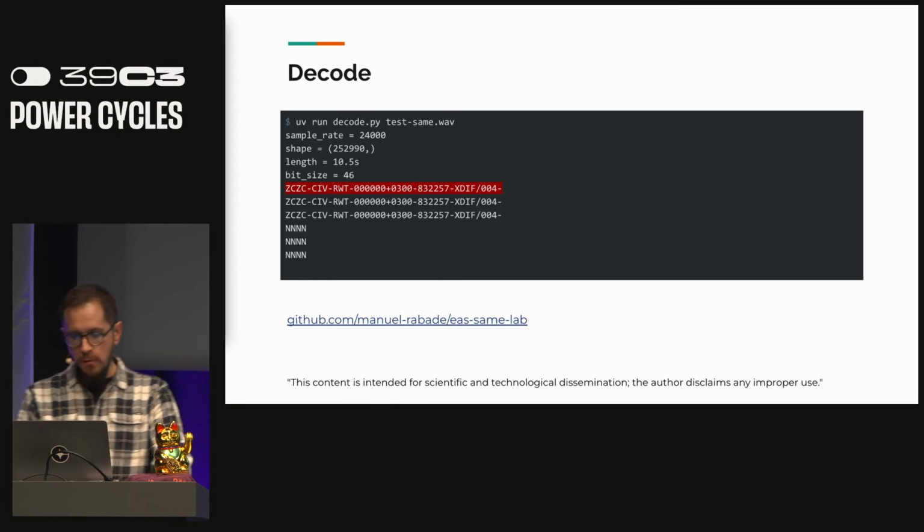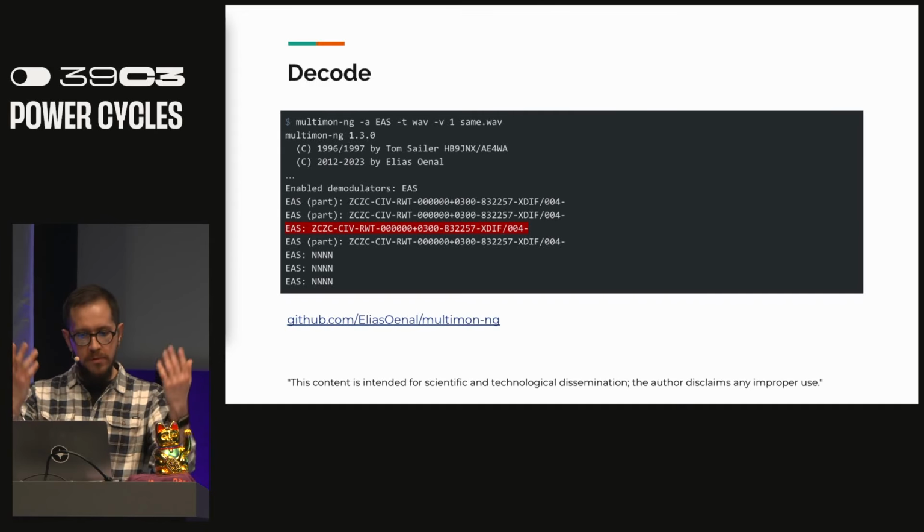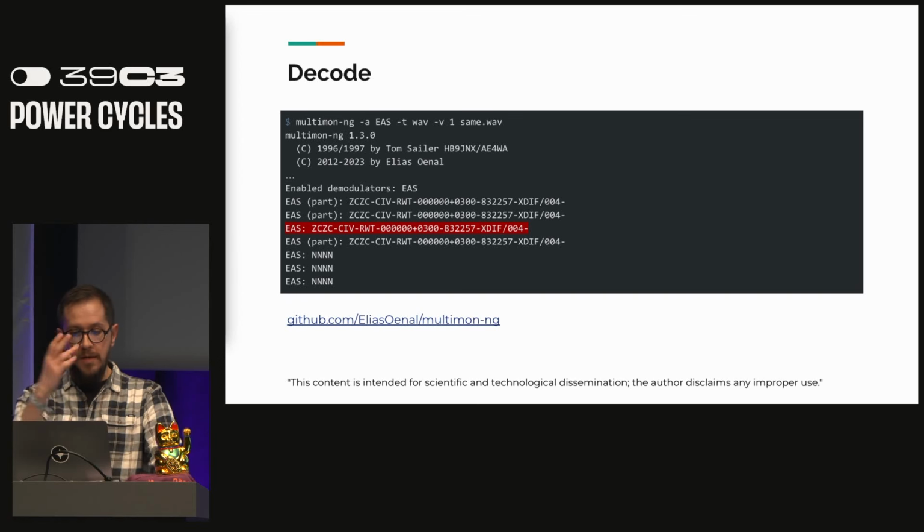Part of my investigation was that there was other software also decoding the EAS system, like Multimon, which is software from the 90s. I don't know how many times the EAS system was being decoded, but I suppose a lot of people are decoding it.